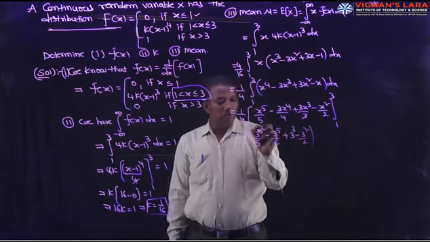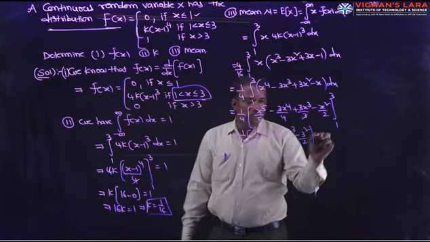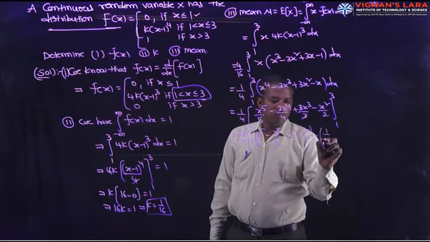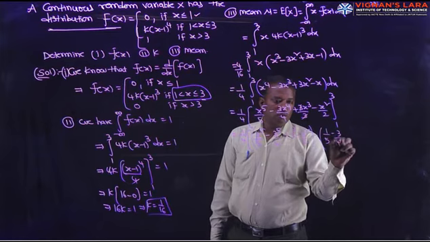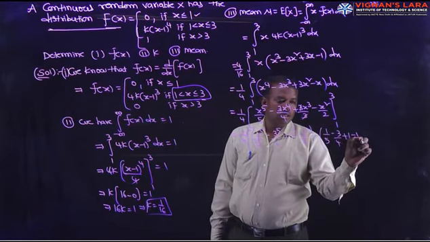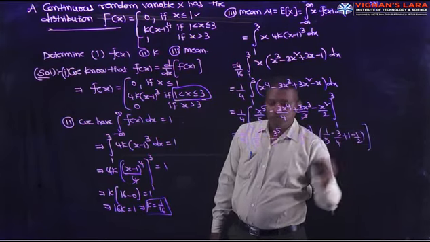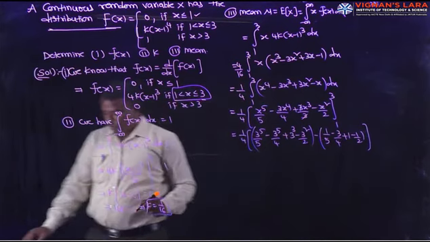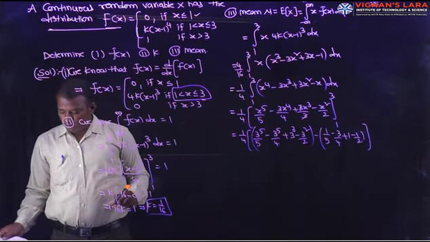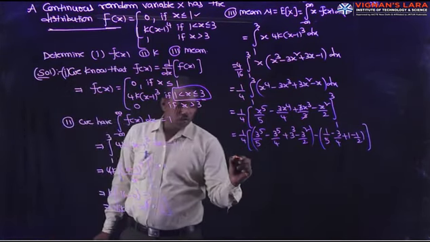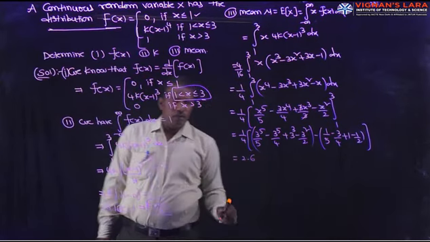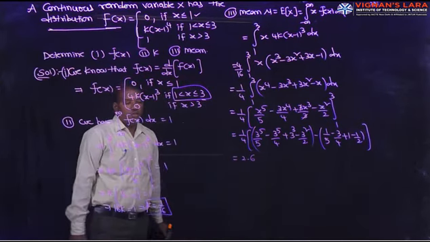That is the upper limit minus the lower limit: 1 by 5 minus 3 by 4 plus 1 minus 1 by 2 minus 1 by 2. Simplifying it, we get the value of the mean, equal to 2.6. Mean mu is equal to 2.6.